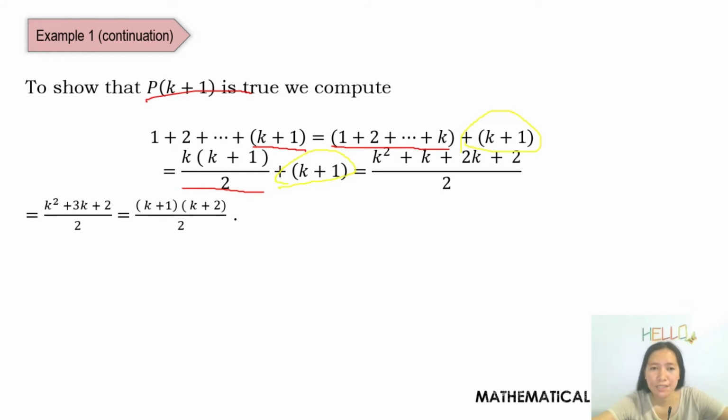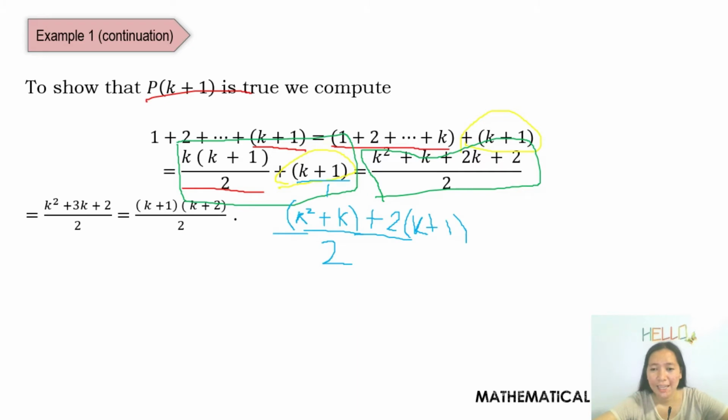Then, from these equations here, we simplify, and the resulting simplification we have is k squared plus k plus 2k plus 2 all over 2. Then k plus 2k can be added together because they have the same variable k.